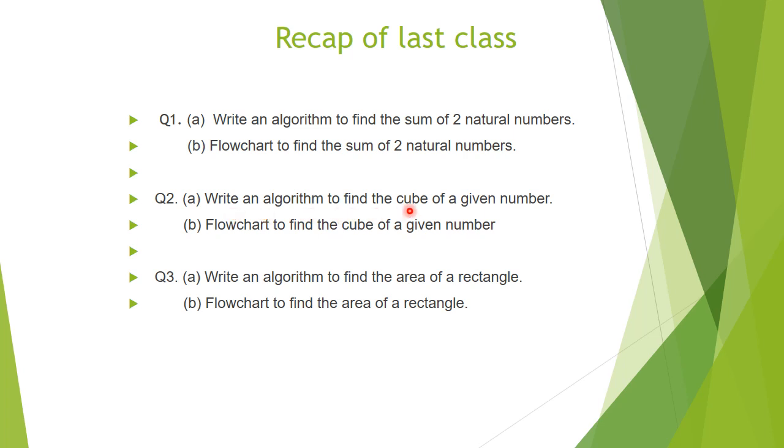Write an algorithm to find the cube of a given number, a flowchart to find the cube of a given number, an algorithm to find the area of a rectangle, and a flowchart to find the area of a triangle. These were the questions we covered in the last class, and 3 questions were given as homework. So a total of 6 questions on flowcharts and 3 questions on algorithms were done during the last session. Clear, children? Shall we move to today's session?